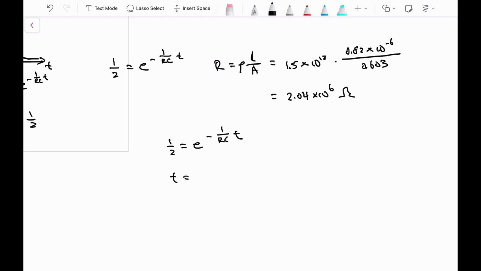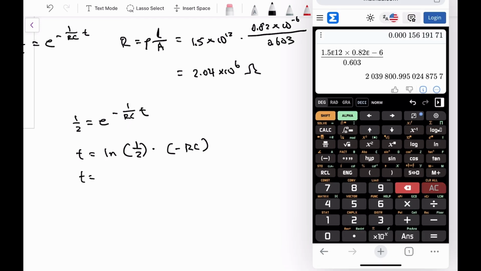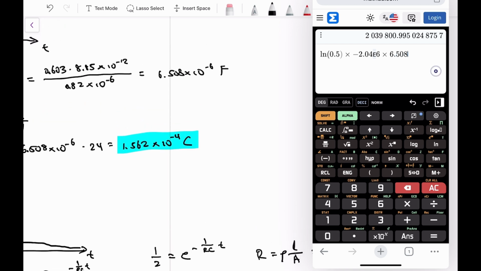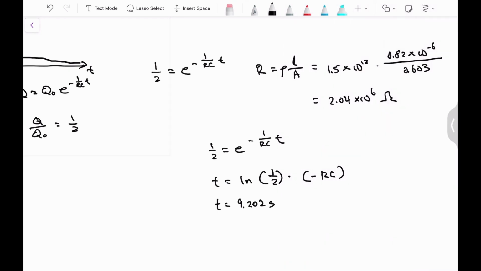So t will be equal to ln of one half times minus RC, and then we can calculate it. t is equal to natural log of 0.5 times minus 2.04 times 10 to the 6 times the capacitance, which is over here, 6.5 times 10 to the minus 6, and that will be equal to 9.202 seconds, and that will be the answer to the question.